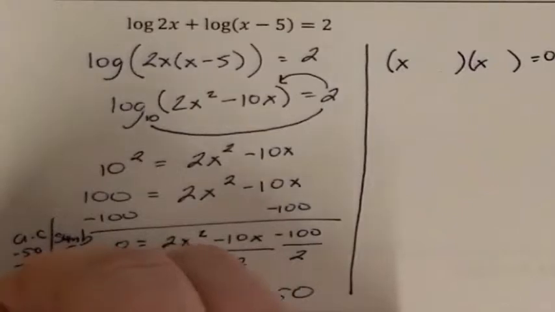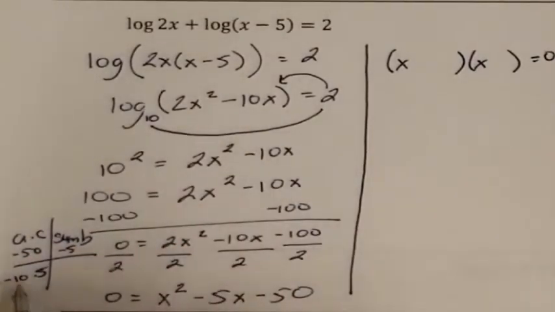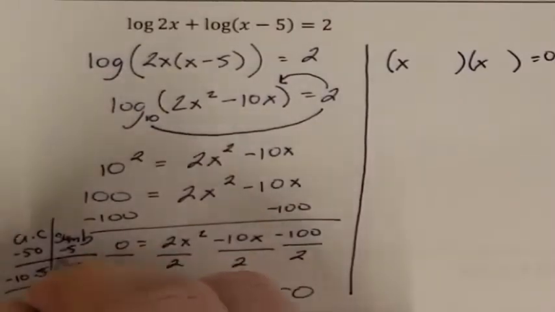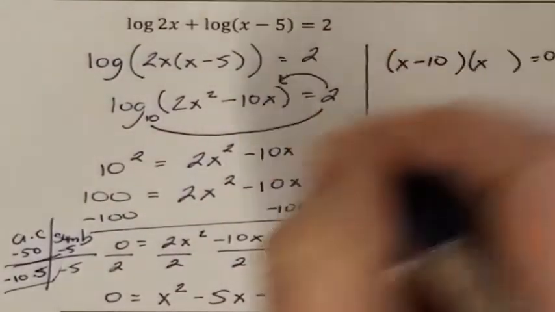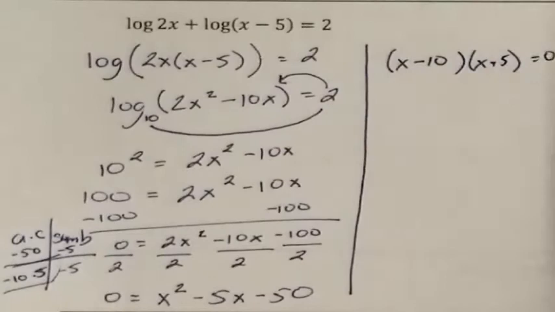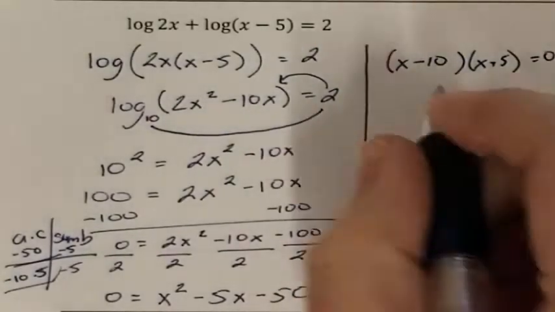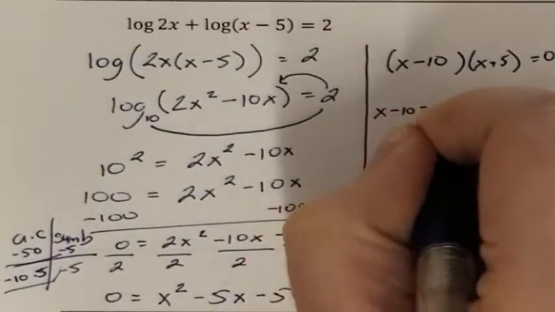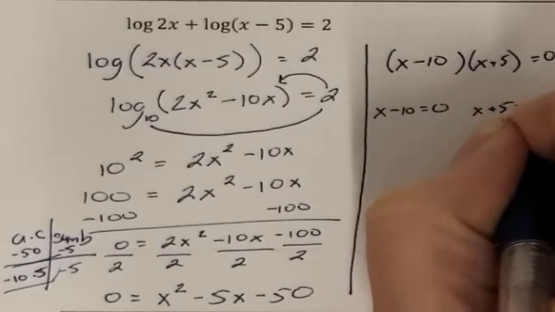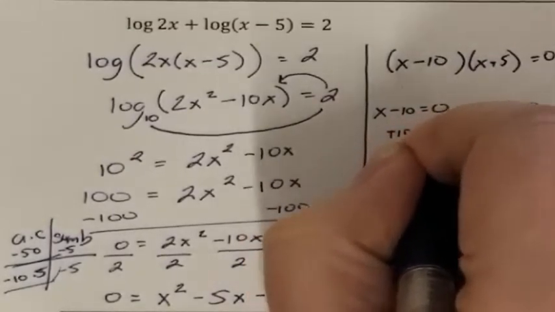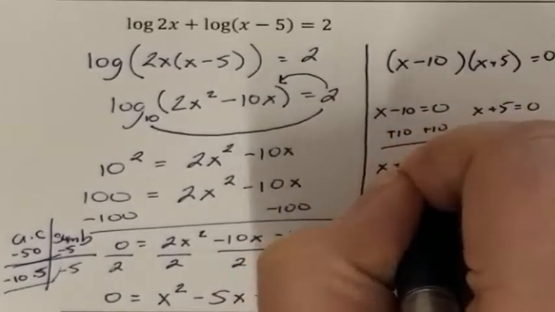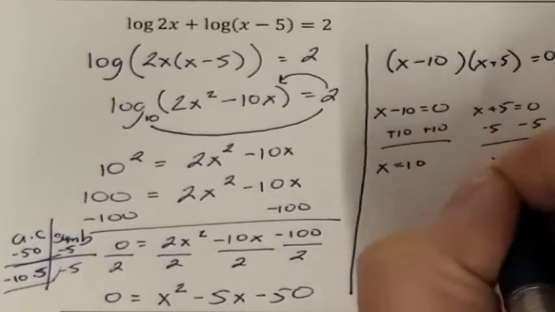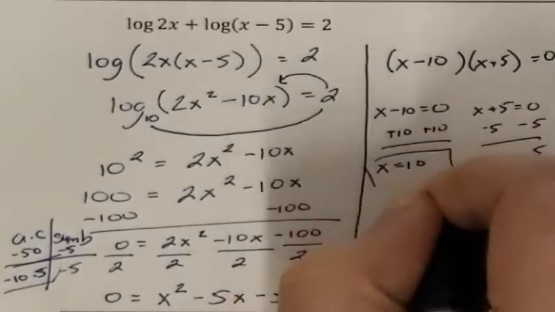This would have been a negative 10 and a positive 5. Multiply to give me negative 50, add together to give me my negative 5. So the two numbers I'm using are the negative 10 and the positive 5. I have factored. So the first factor is a 0 and the second factor is a 0. Solving for both x's, I get x to equal 10 and I get x to equal negative 5.